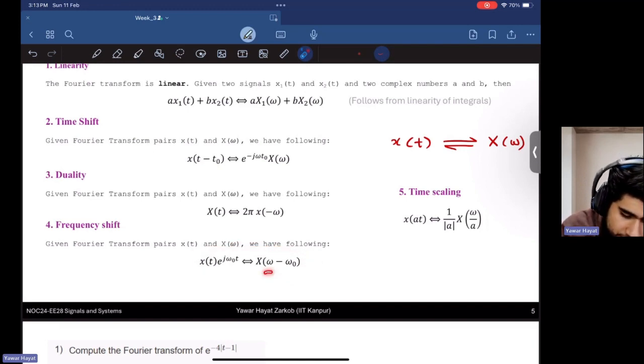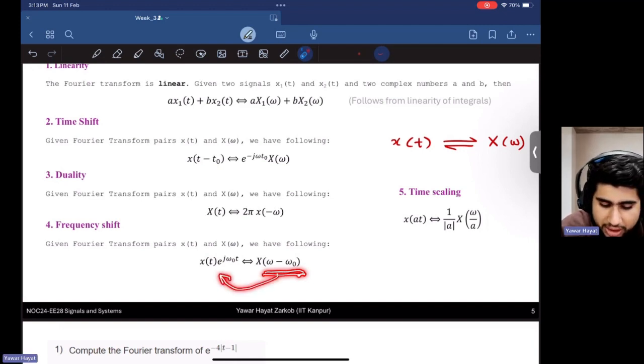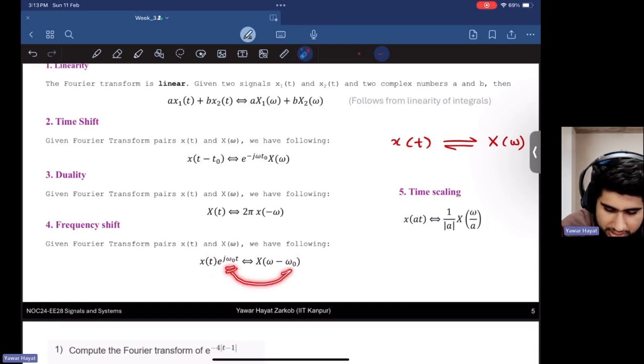If you shift the frequency in the frequency domain representation of the function, then in the time domain it gets multiplied by e to the power j omega naught t, where omega naught is the frequency by which the shift has occurred in x of omega. So again, you will try this out and let me know if you are able to get it.